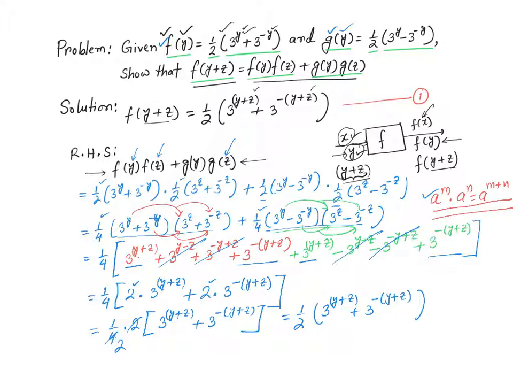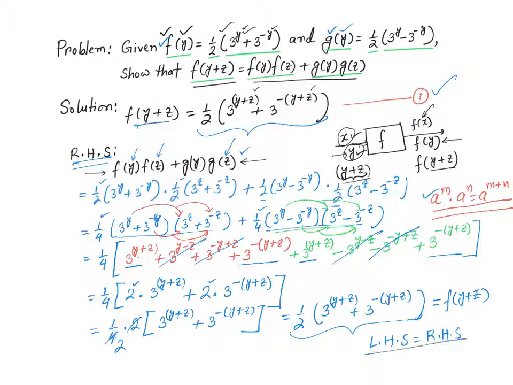That's what we get if we simplify the right hand side. By the way, look at equation number 1. This is the same as this, which is nothing but f of y plus z. So we just showed that the left hand side is actually equal to the right hand side.